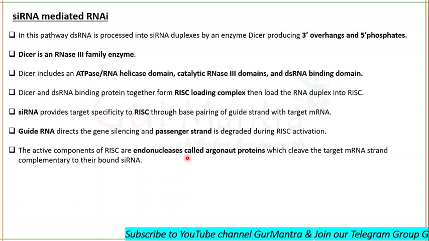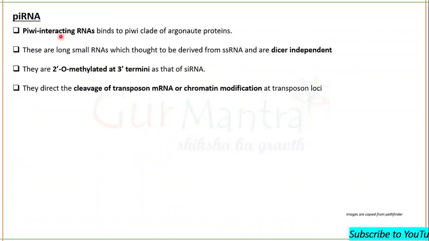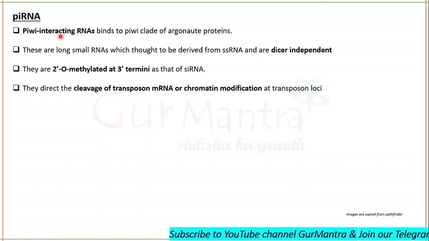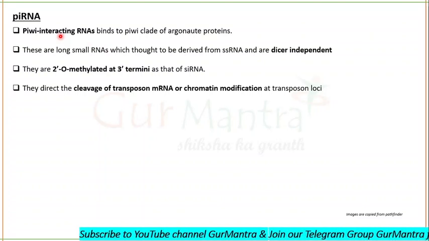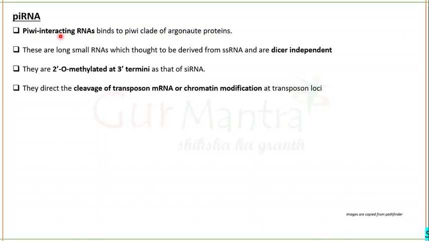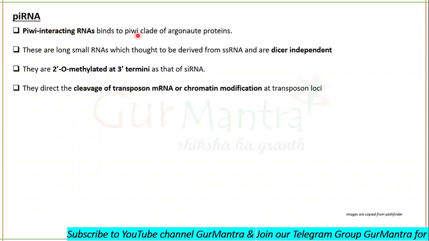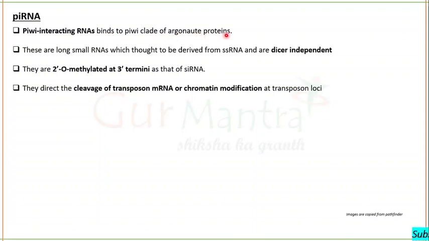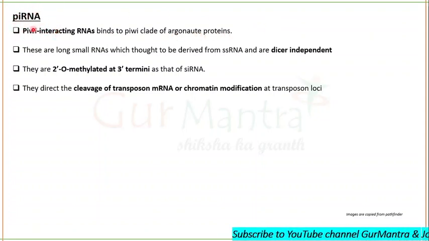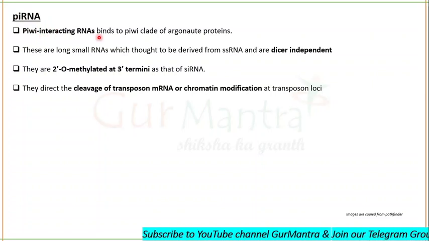Clear? Fine. And the last one is piRNA. What is the role of piRNA? What does piRNA do? Okay. So piRNAs are known as PIWI interacting RNAs. They bind to the PIWI clade of Argonaute proteins.